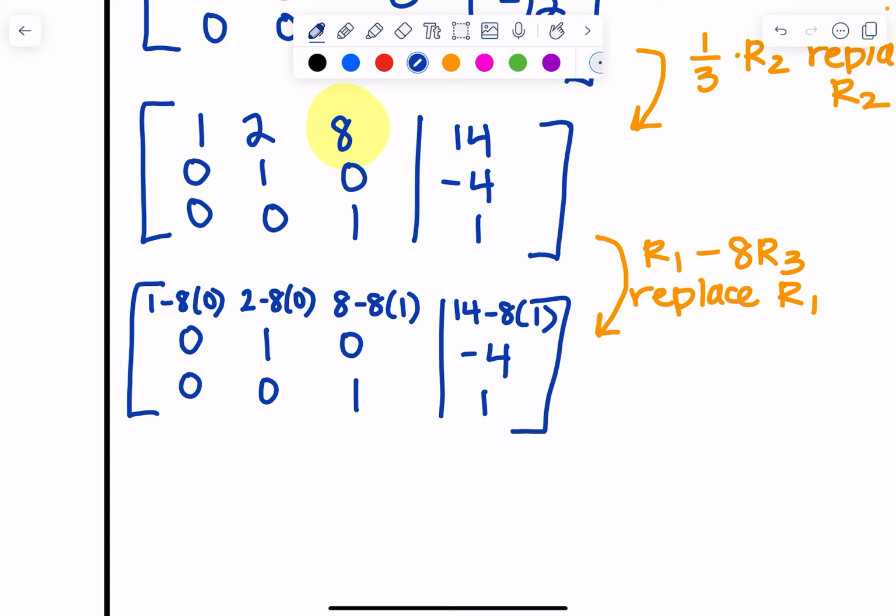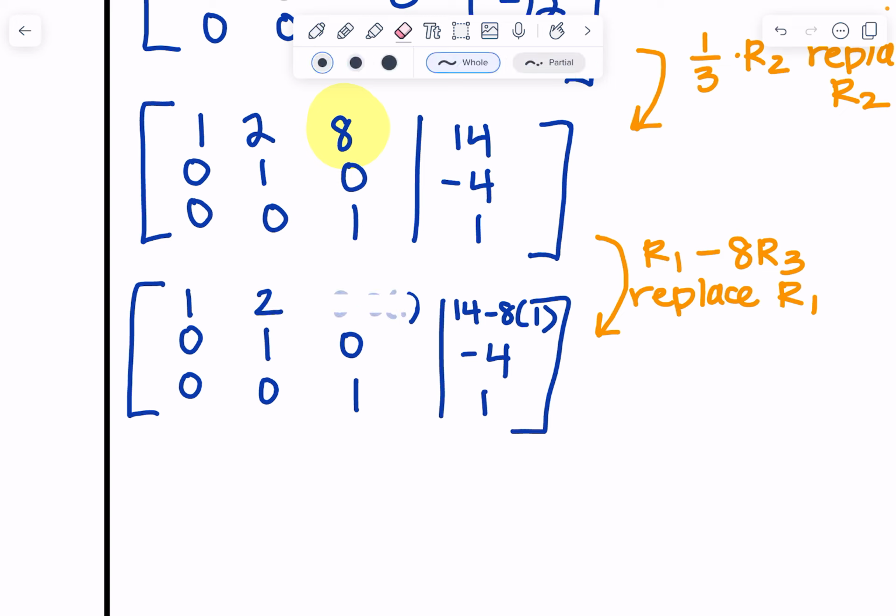So again, I'm doing that in my calculator. 1 minus 8 times 0 is 1. 2 minus 8 times 0 is 2. 8 minus 8 times 1 is 0, which is what we were going for. 14 minus 8 times 1 is 6.